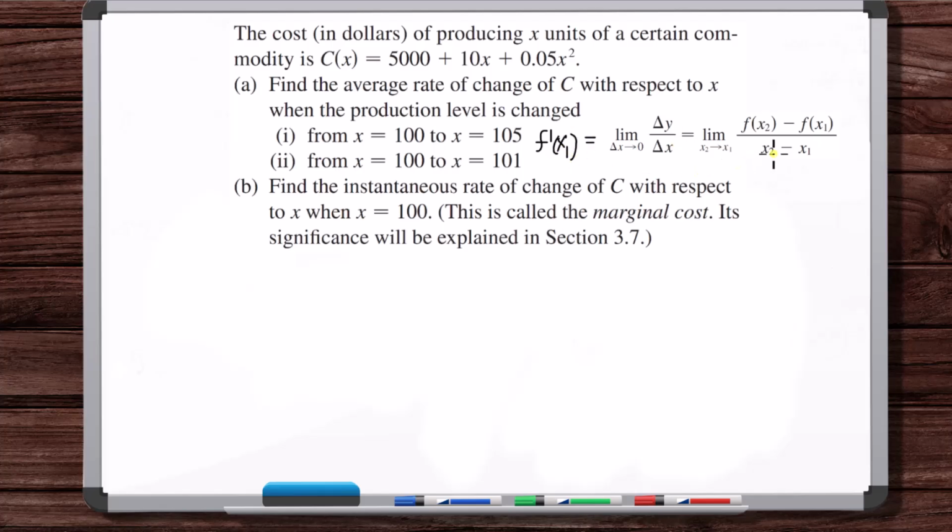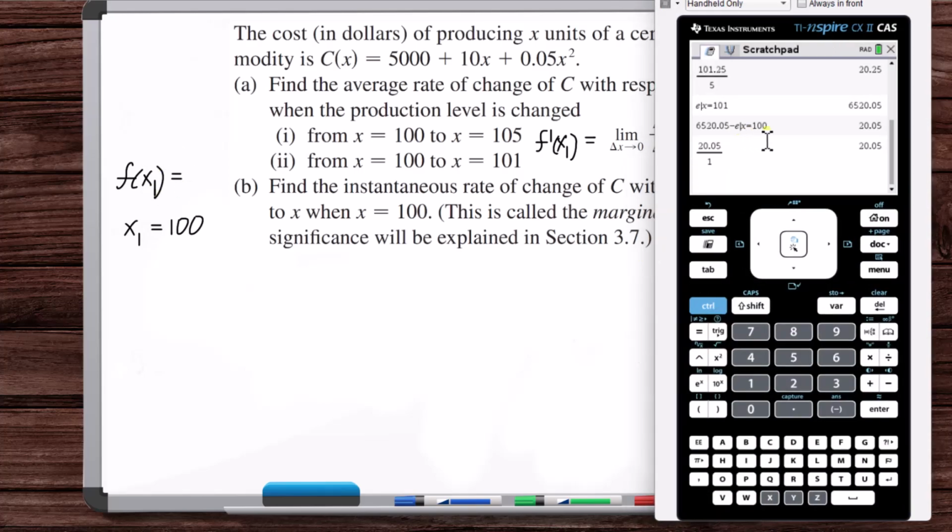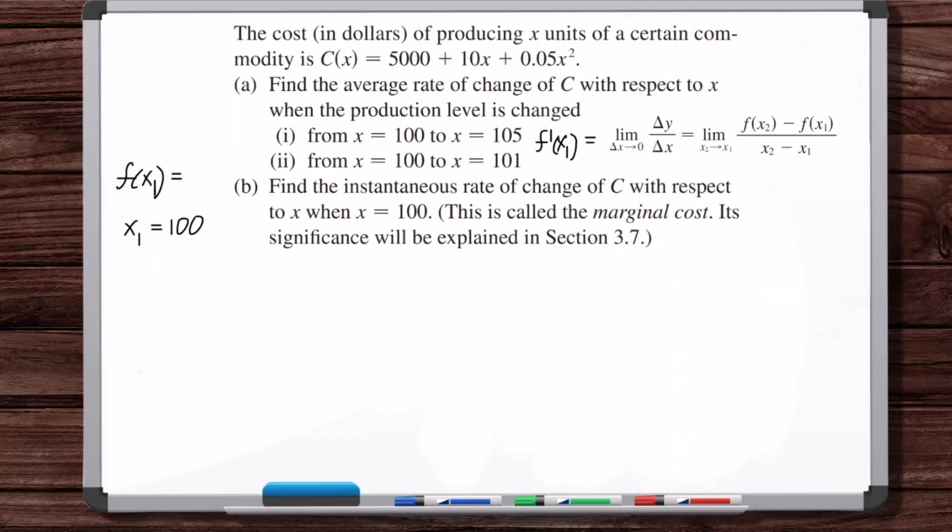So we're given X1, which is 100. That's our point of interest. We're computing the derivative at X equal to 100. So f of X1, we can easily get: that's $6,500.